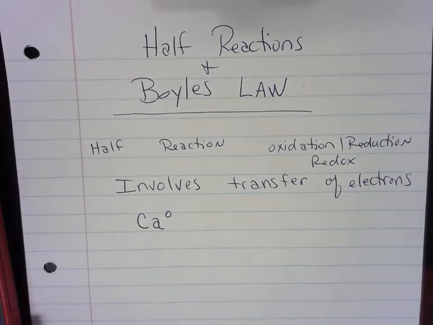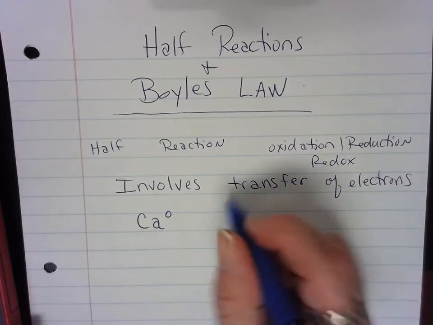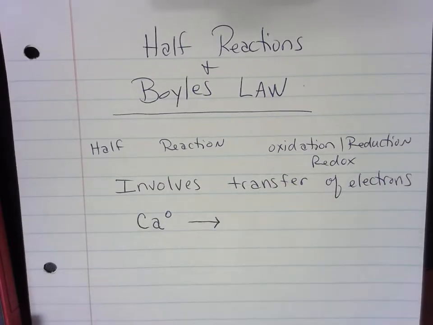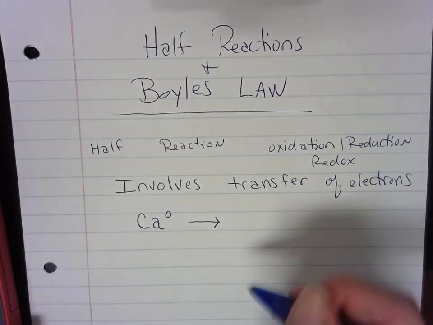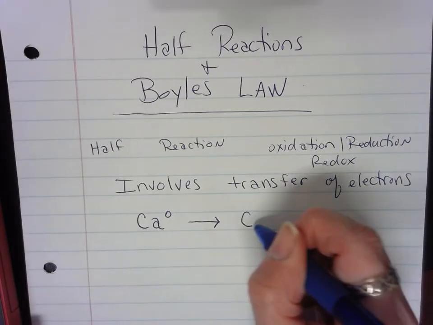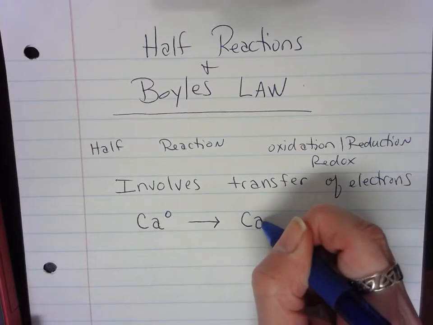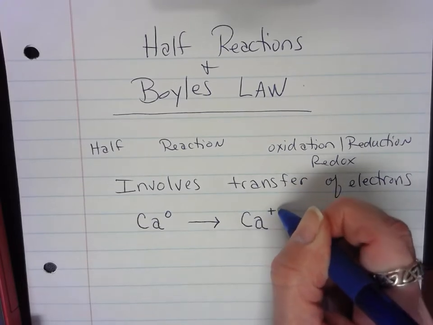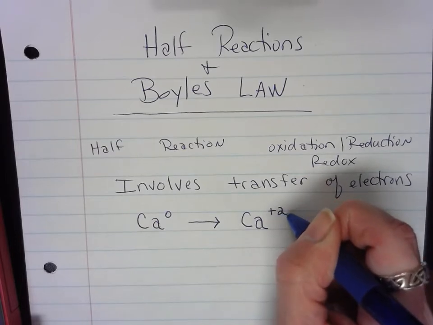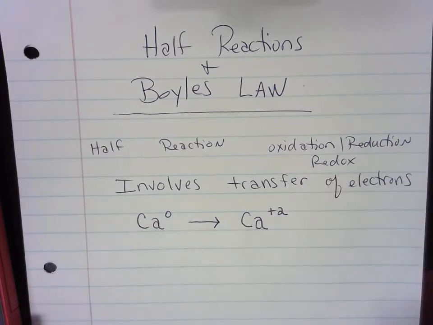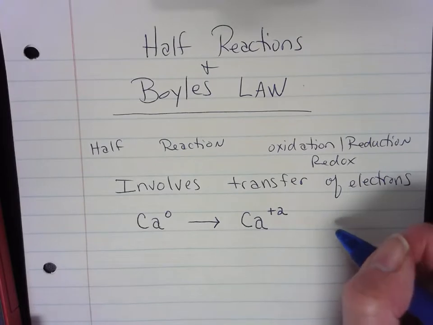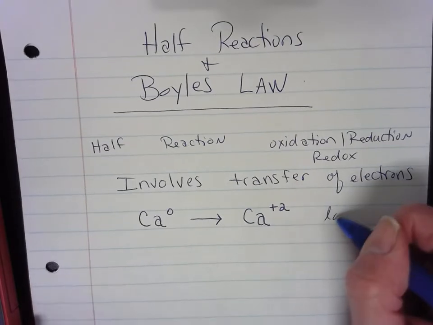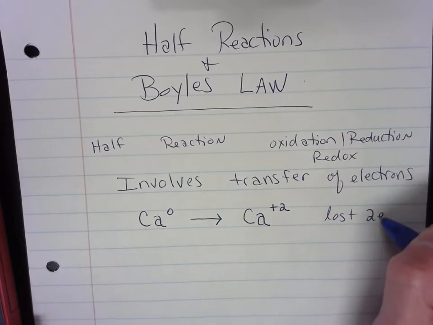All right, now if we were to change that into an ion, then that means that the calcium would have a +2 charge, and that it has lost 2 electrons.